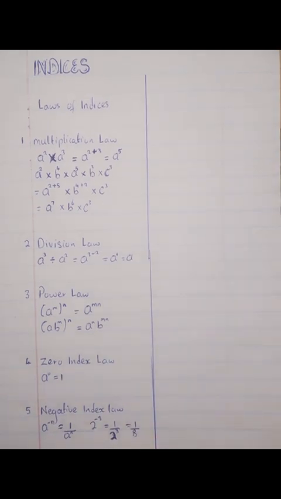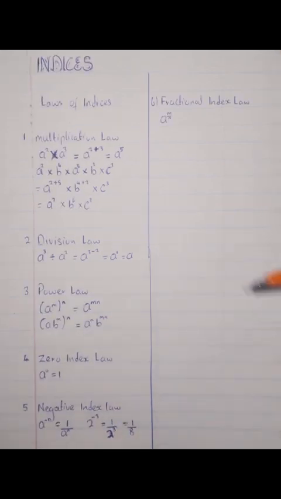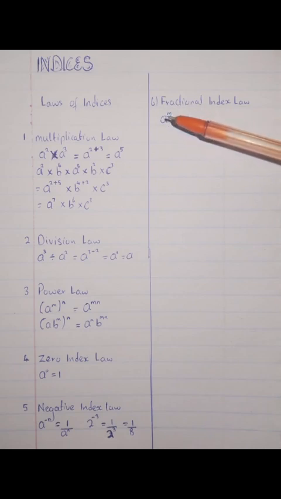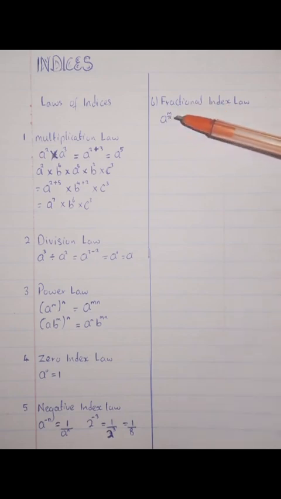The next law we'll be looking at is the fractional index law. For the fractional index law, it states that whenever we have something like a to the power of a fraction, like a to the power of m over n, this means that we will be taking the nth root of a to the power of m. How?